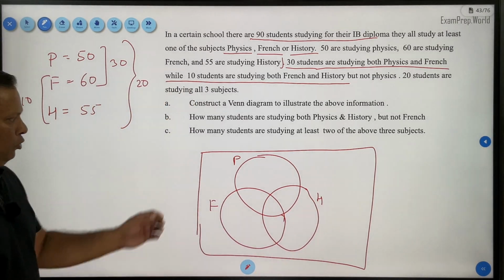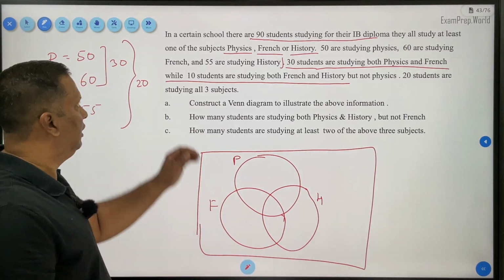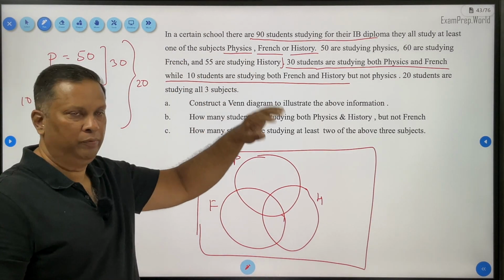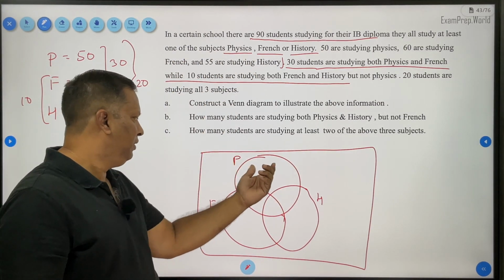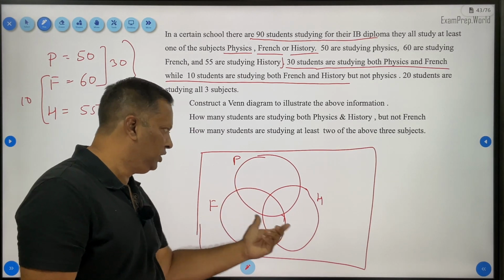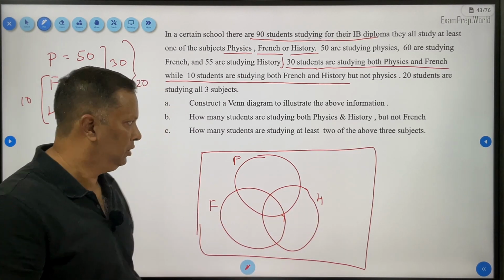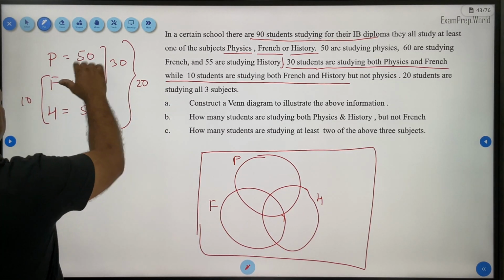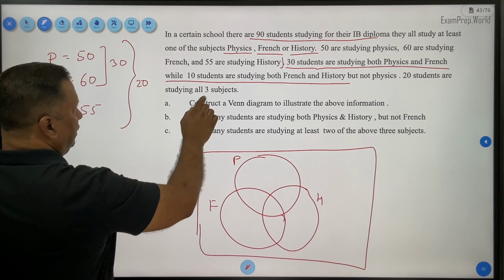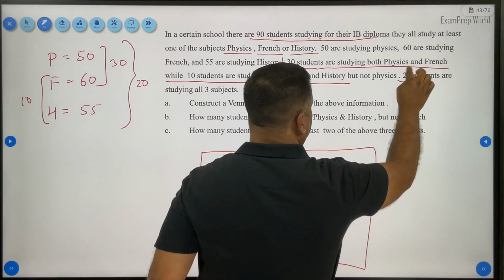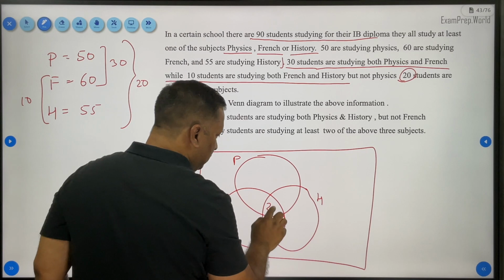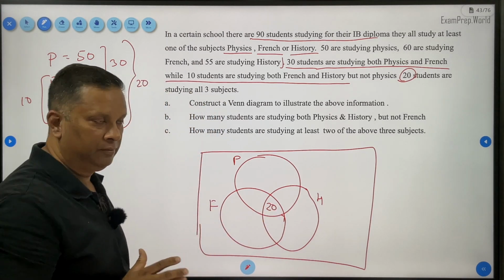There won't be anyone outside because everyone studies at least one of the subjects. So we know everyone will be within physics, French and history. So 50, 60, 55. All three subjects, how many students are studying? 20. So straight away write 20 here, common between all three.